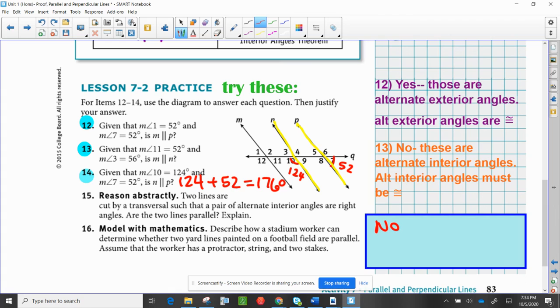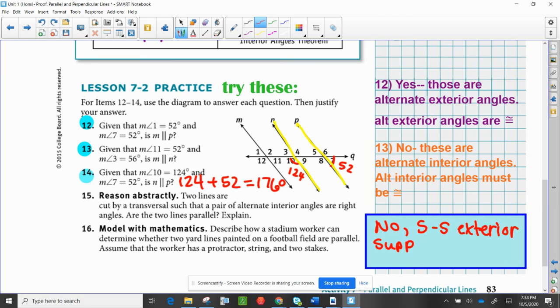So this answer, again, is no. If we have same side exterior angles, it's the same rule as if they're interior: they need to be supplementary to prove that we have parallel lines. And these are not supplementary. They add to 176. So that one is no as well.